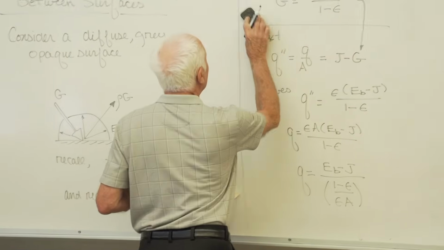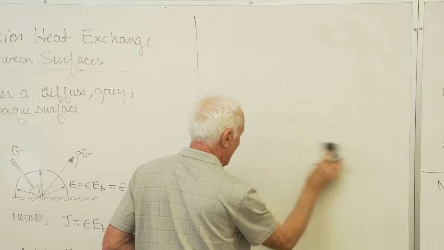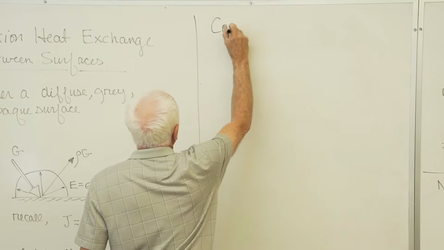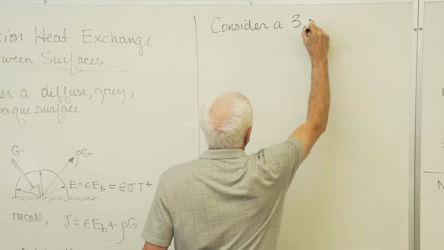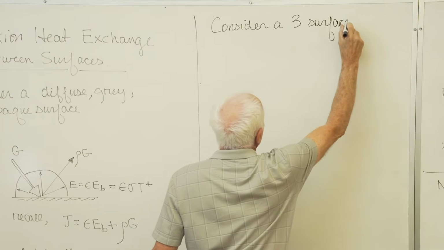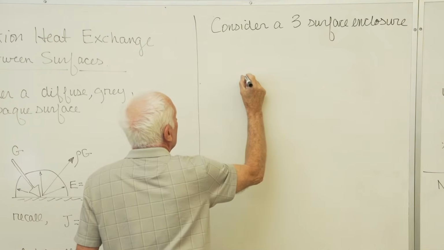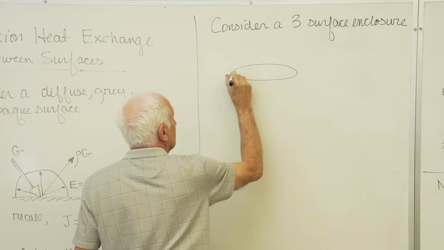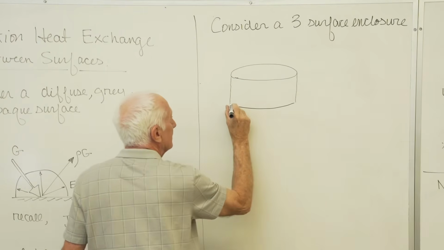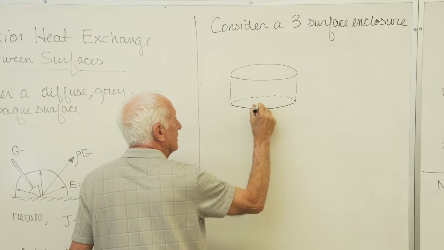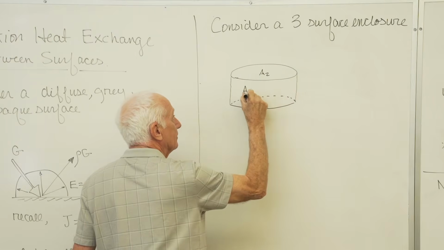I'm going to put that right here. Okay, so here's my geometry. Bottom area A1, top area A2, side walls area A3.